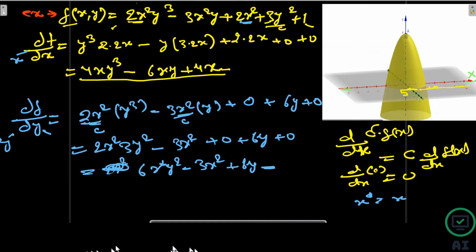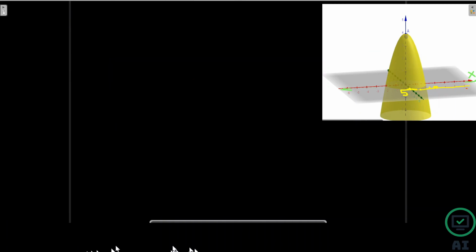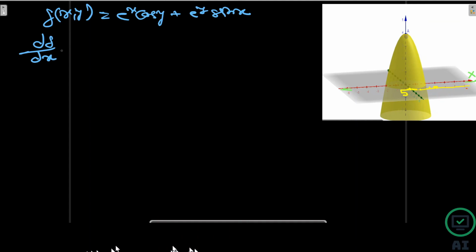Let's take one more example. Another example is f(x, y) = eˣ cos y + eʸ sin x. Now find del f by del x. Whenever I say with respect to x, wherever y is there, that will be constant.